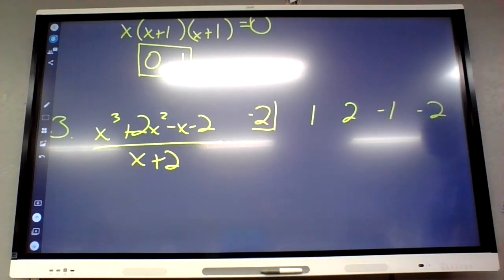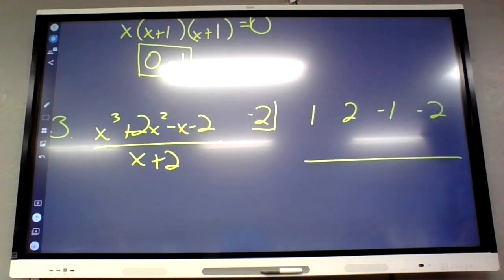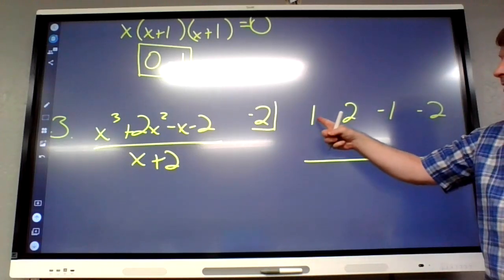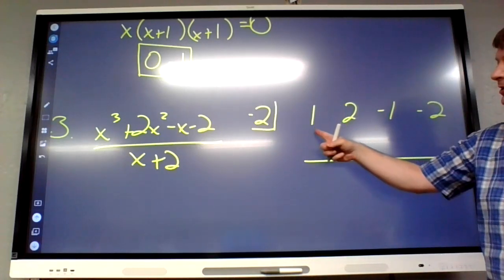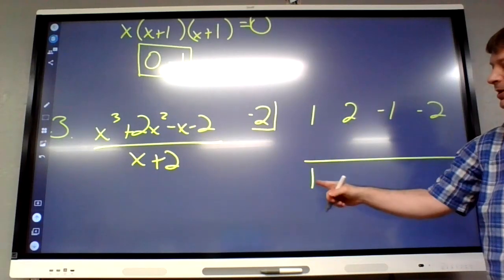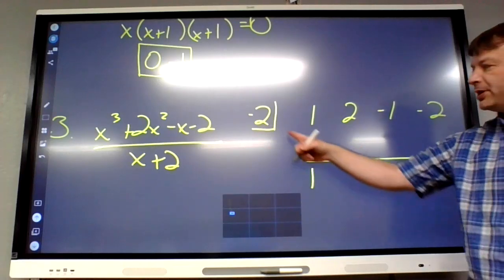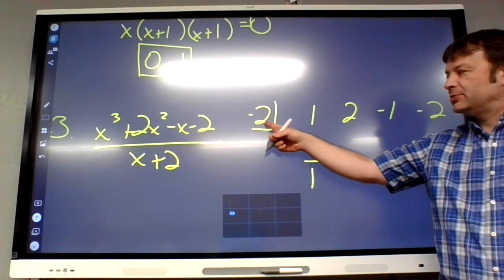Yeah, this lesson's not really supposed to teach synthetic. I think maybe they wanted us to do long division. I don't know what they wanted. But anyways, if we add down, there's nothing to add to yet. So this one will always be the same as that. And then you multiply up. You multiply by this when you go up.